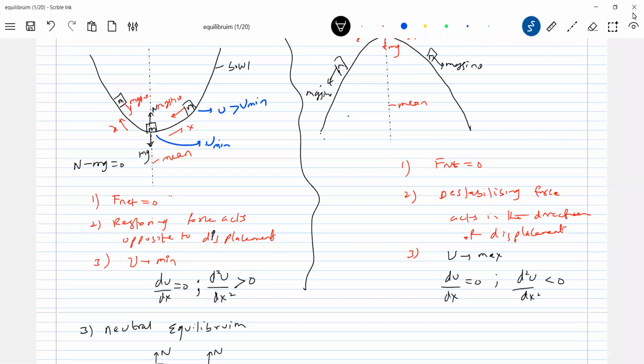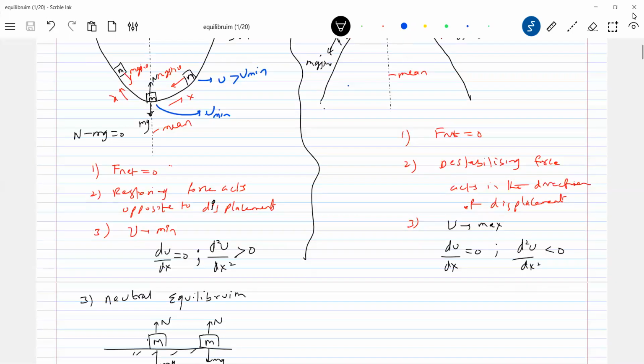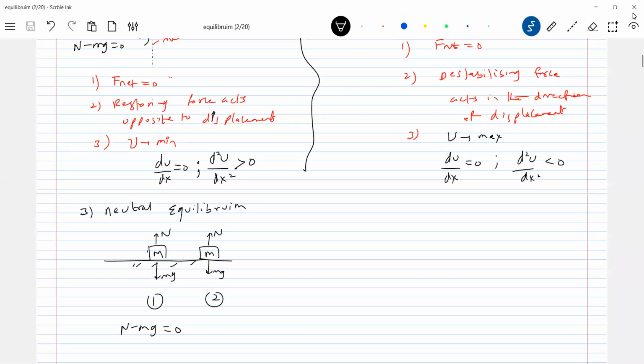So either stable or unstable, net force will be 0. Potential energy maximum, it's an unstable equilibrium. Potential energy minimum, stable equilibrium. Sir, what about the condition for this? d square u by dx square. Any condition for this? It will remain constant. Then there's a condition for neutral equilibrium.